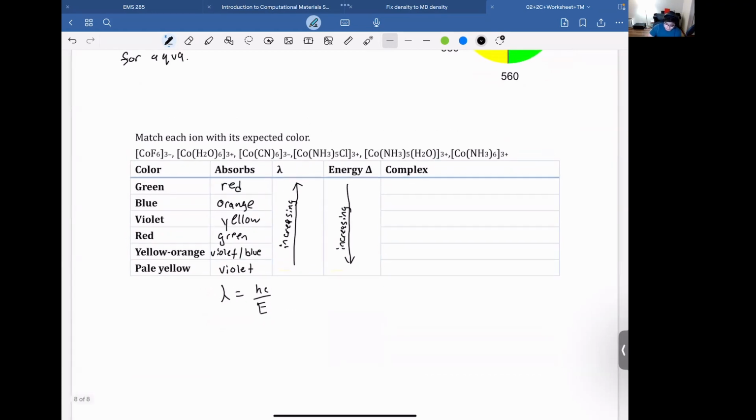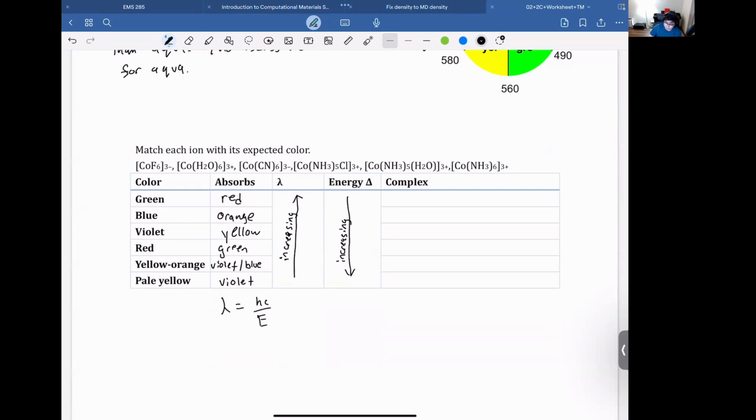Then we look at the complexes. So really what we're doing is going based off of ligand field strength. So we're going down in energy.